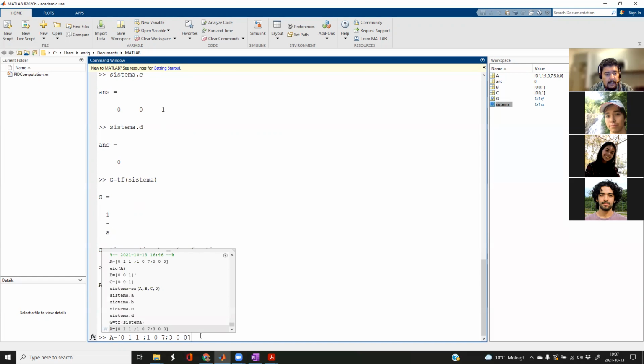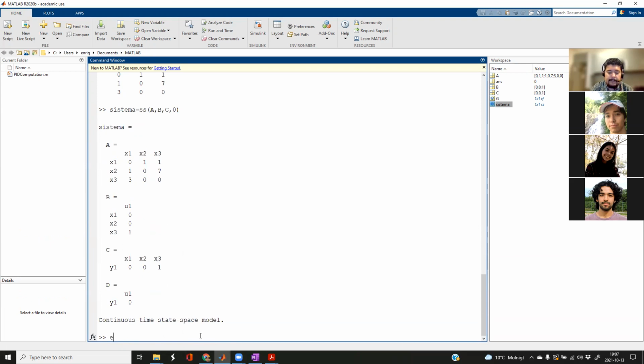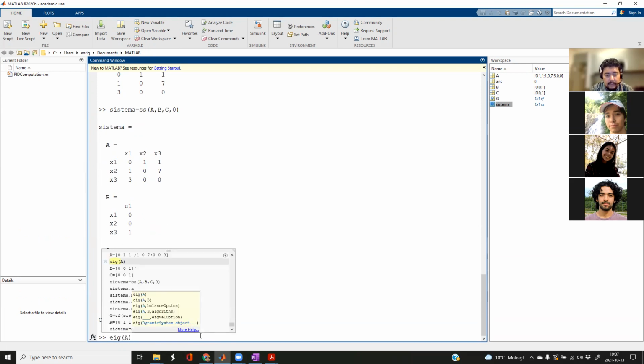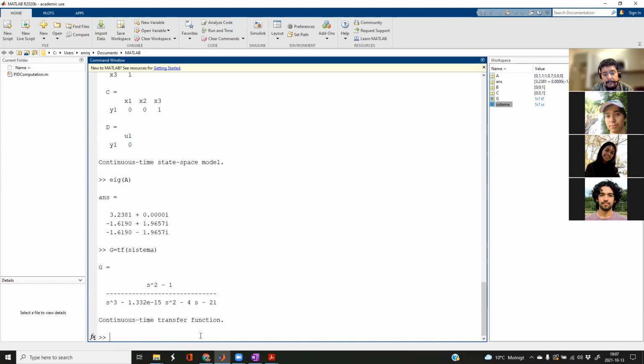Then we can redo this, the definition of Sistema, obtain the eigenvalues of matrix A, and again, we can compute the transfer function that is equivalent to this one.